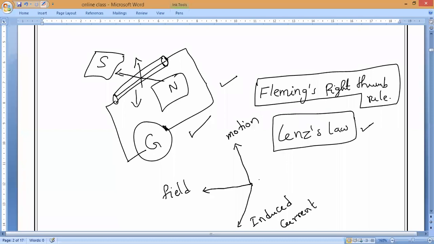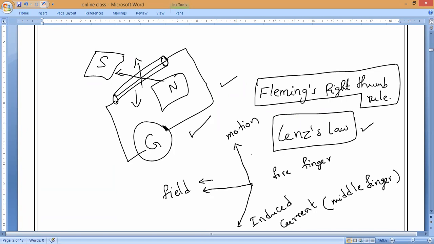That is what we call Fleming's right hand thumb rule. This is the direction of magnetic field. Which finger is it? It is the forefinger. Yes or no? So our index finger. And this is the induced current, the middle finger.